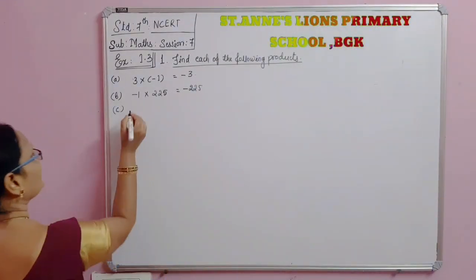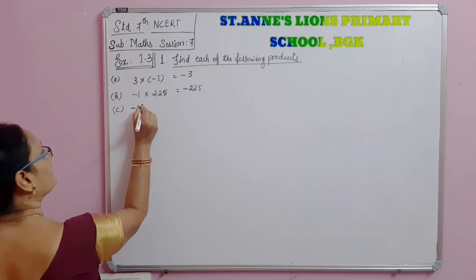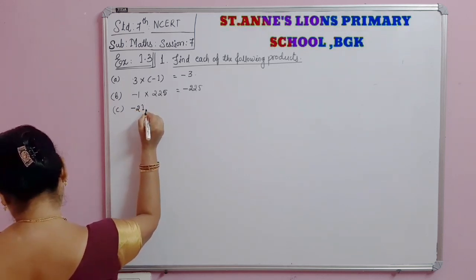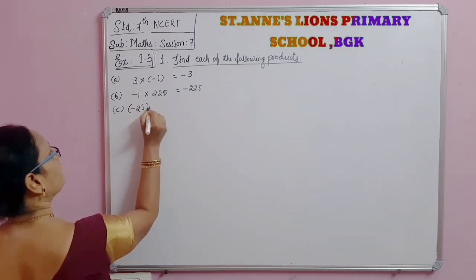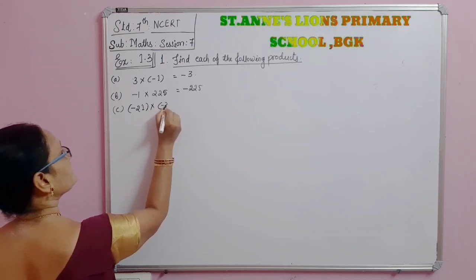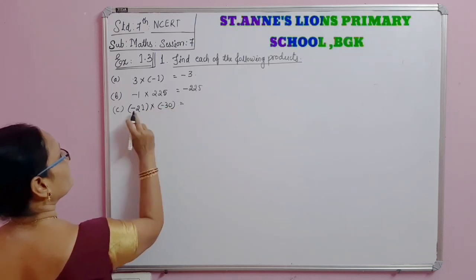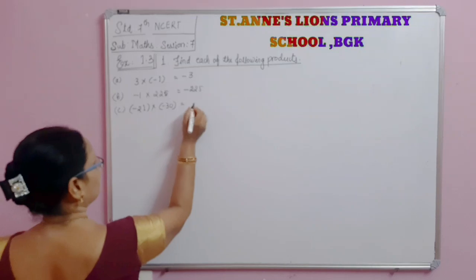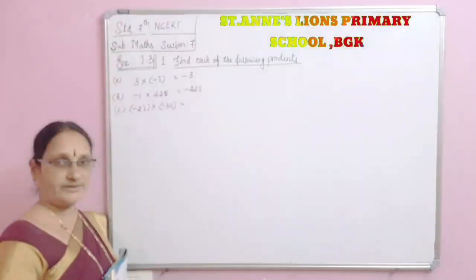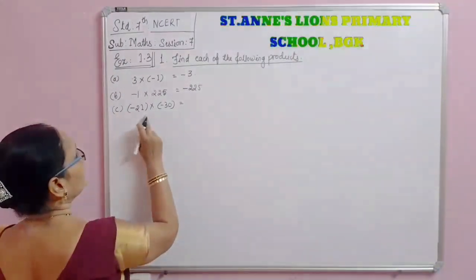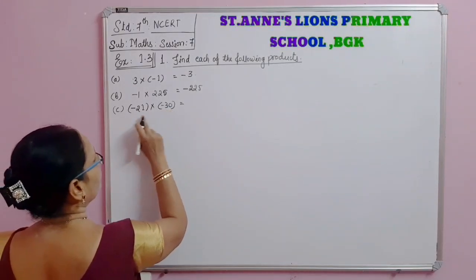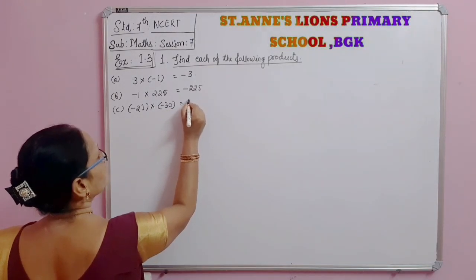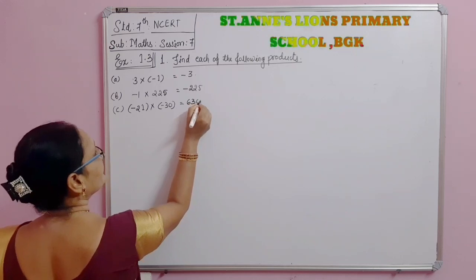Next, C: minus 21 into minus 30. See here, minus into minus is plus. Usually we don't mention plus, it is understood. Then 21 into 30, 630.